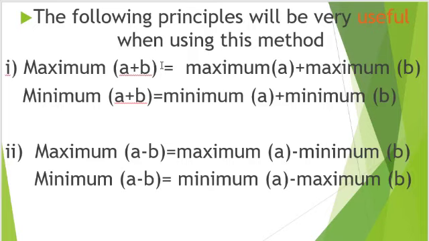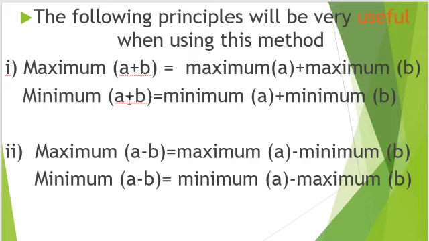And whenever I talk of minimum, I'm looking for a small answer. When I'm looking for a big answer when adding two numbers, I expect you to add big values. That's why I'm saying maximum of A plus maximum of B.